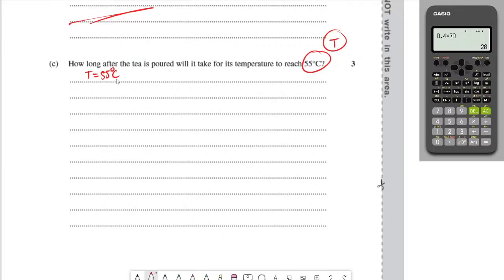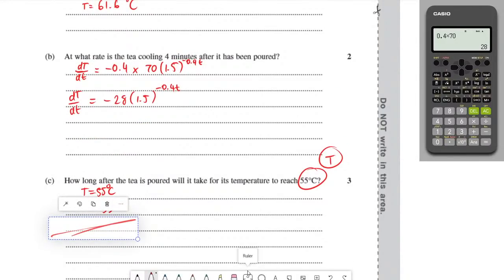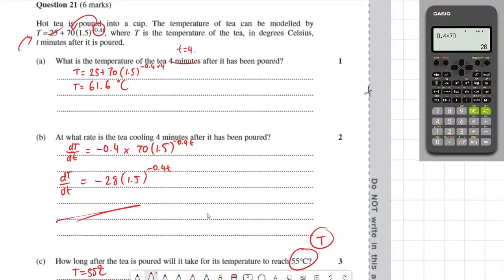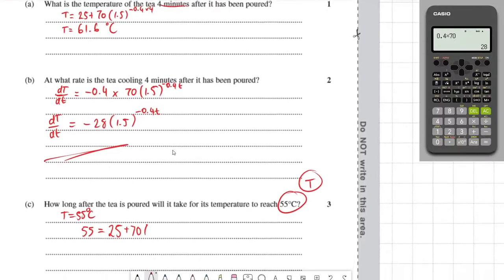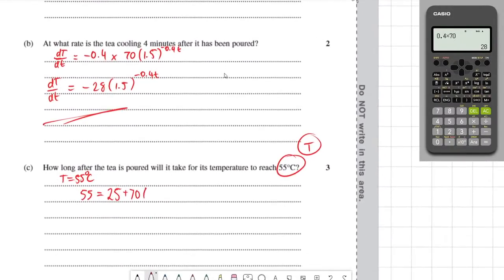Then it's going to be 55 is equal to 25 plus 70 lots of 1.5 to the negative 0.4t. So we have to find what t is going to be.